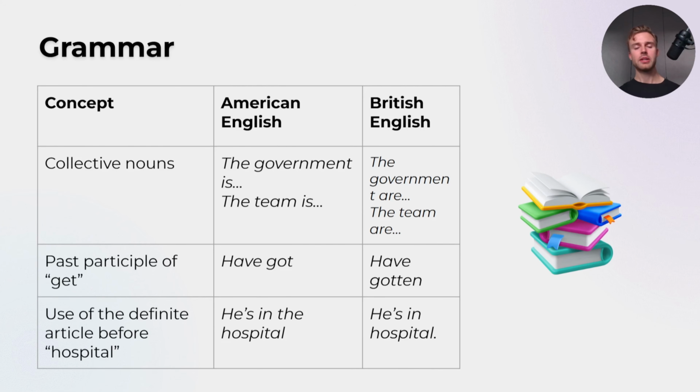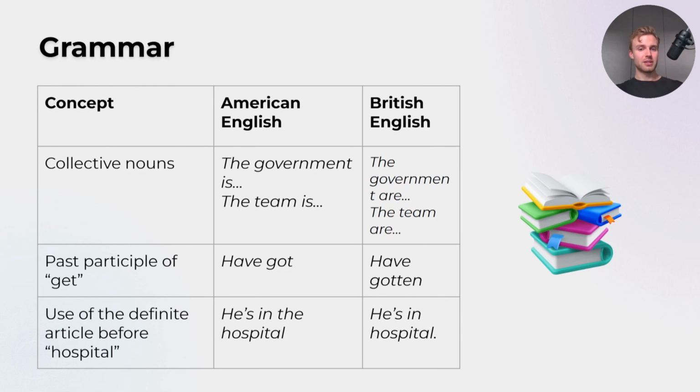Now, American English and British English are very similar when it comes to grammar. They're both standard English, but there are a couple differences, and I want to talk to you about that today. Maybe you've heard of the concept of collective nouns. A collective noun is a noun which contains many different people. For example, government or team.